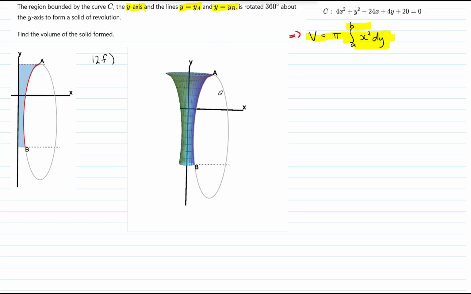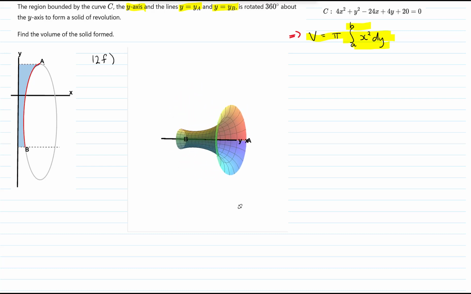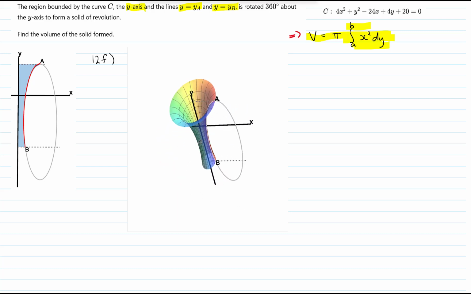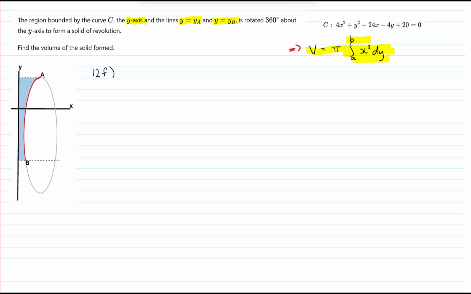So that's what the solid is going to look like in this question. There are a few different viewpoints of it, and we are going to find the volume of that solid. And now we just want to find x in terms of y, and then we can put it into the formula for the volume of a solid of revolution.